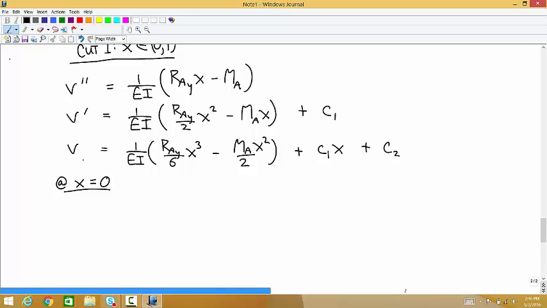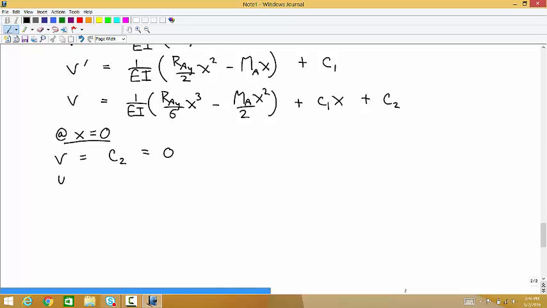Okay, so when x is equal to 0, V is equal to, everything in the parentheses goes away. We just end up with C2 is equal to 0. And so we can update this function.